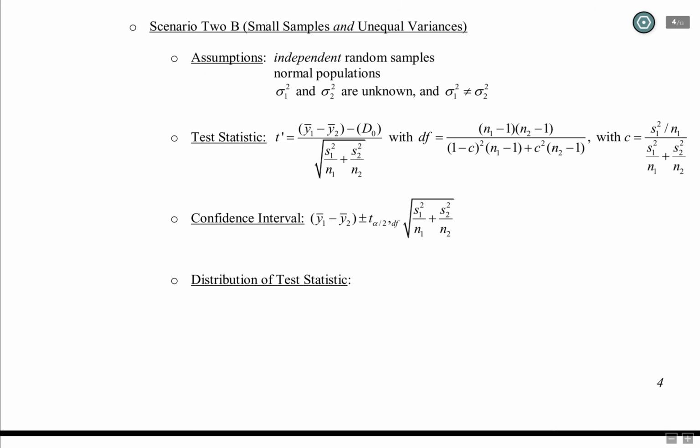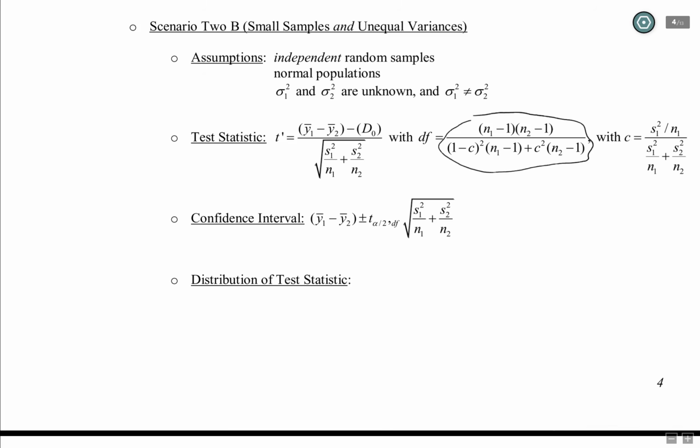It looks the same as the z statistic that we had a page or two above. But here we don't have large samples, but we are assuming that we have normal populations. Now this quantity here has degrees of freedom that's given by this kind of crazy ratio.